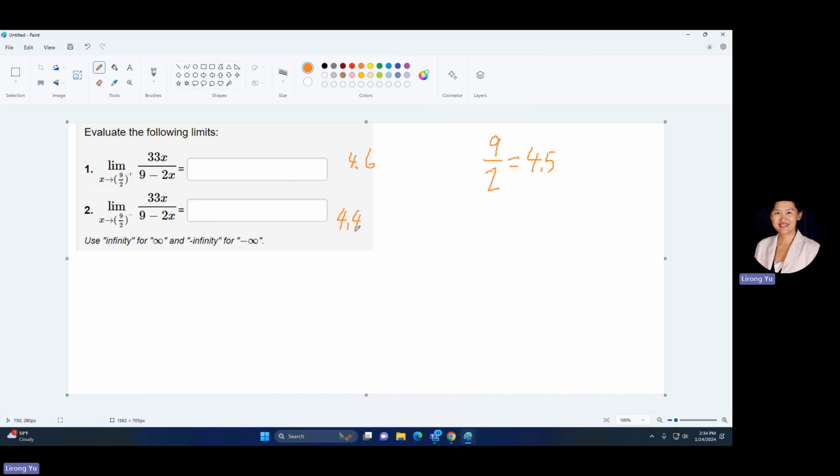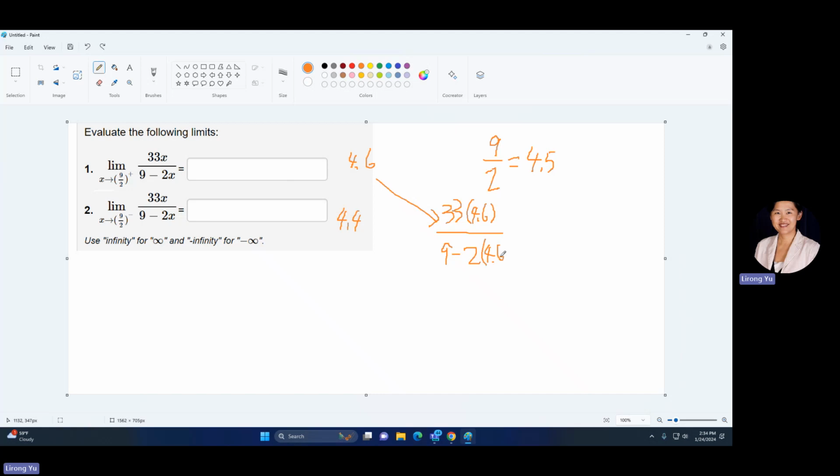So all you have to figure out is, do we get positive infinity or negative infinity? Using numbers, you might be able to see whether it's positive or negative. For example, for the first one we calculate 33 times 4.6 divided by 9 minus 2 times 4.6.